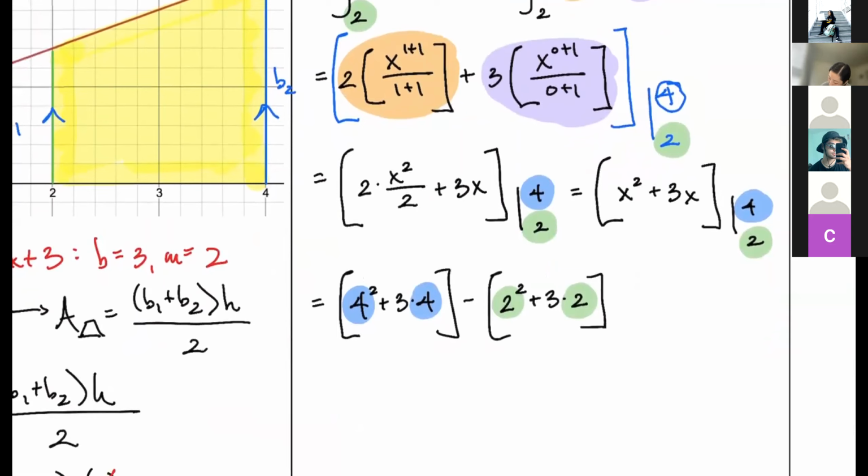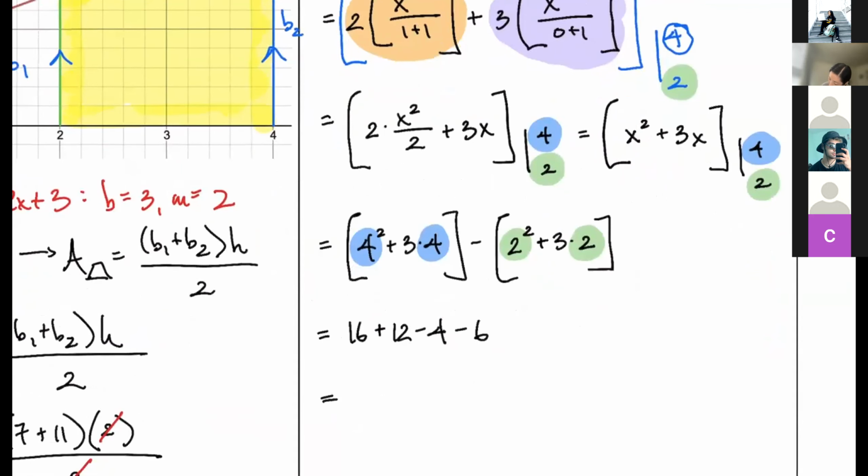All right. And then we're just going to crunch some numbers. 16 plus 12 minus 4 minus 6. Let's see, that gives us 10 plus 8 should give us 18. Okay.